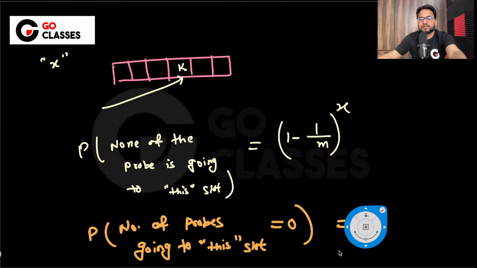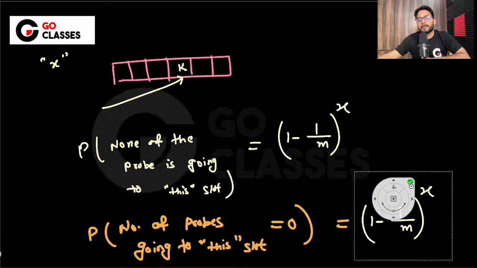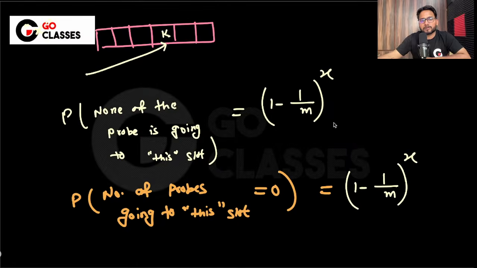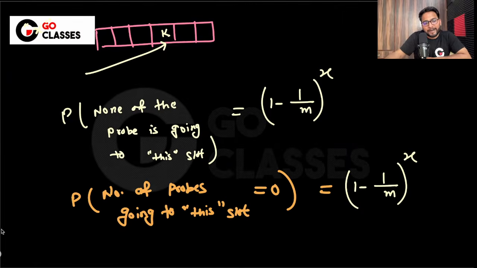That's not being asked, but we will come to what is being asked. They are asking that at least one is going to this slot. So equal to zero is okay, you can write equal to zero, but instead of that let me also write less than one.